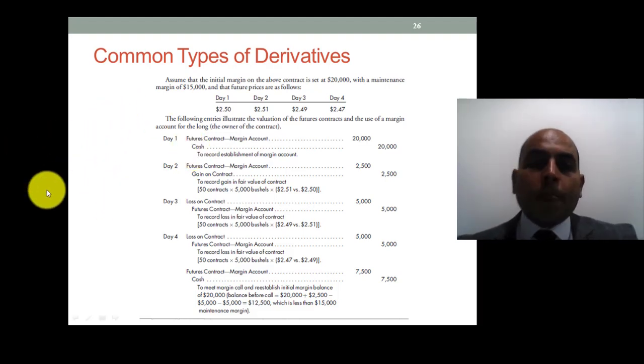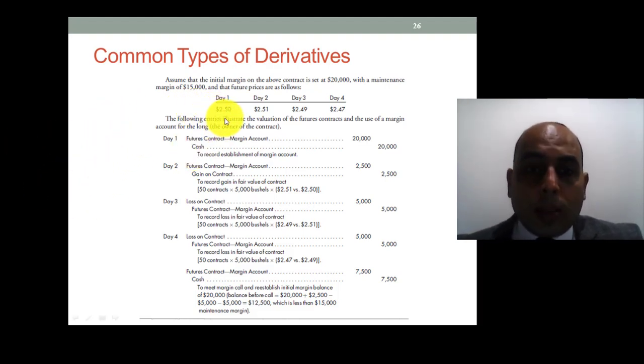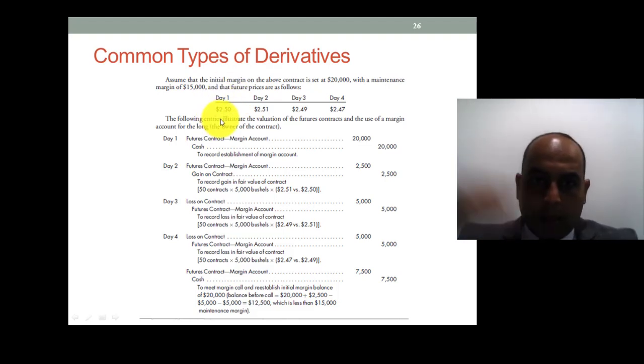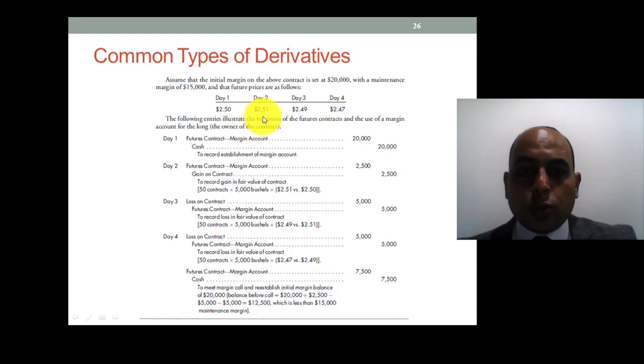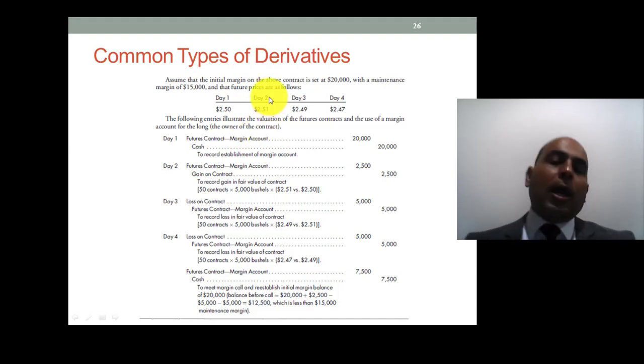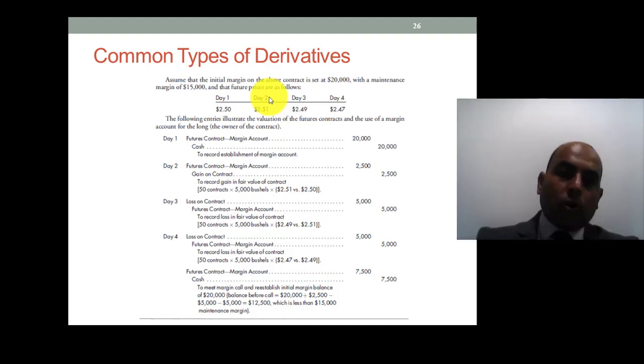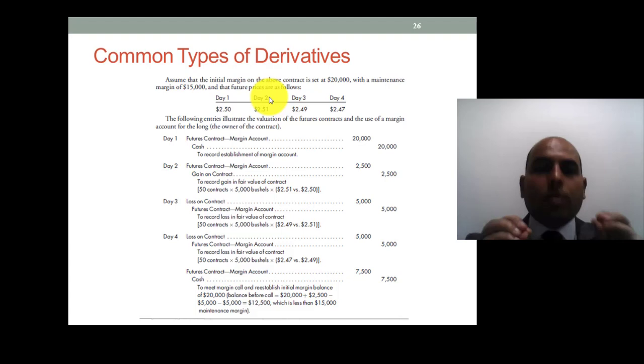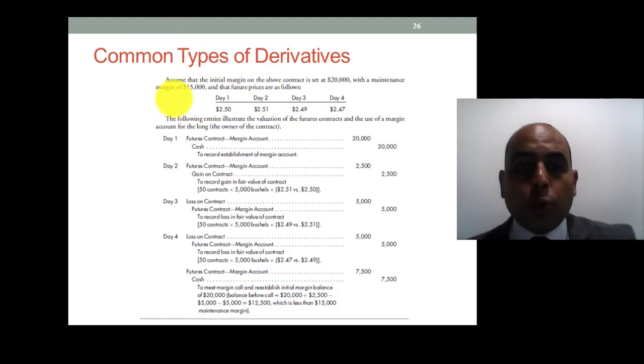Now we agreed to buy the product at 2.5, but the next day, it changed to 2.51. The point is, when we entered into the future contract or forward contract, we fixed the price at 2.5.